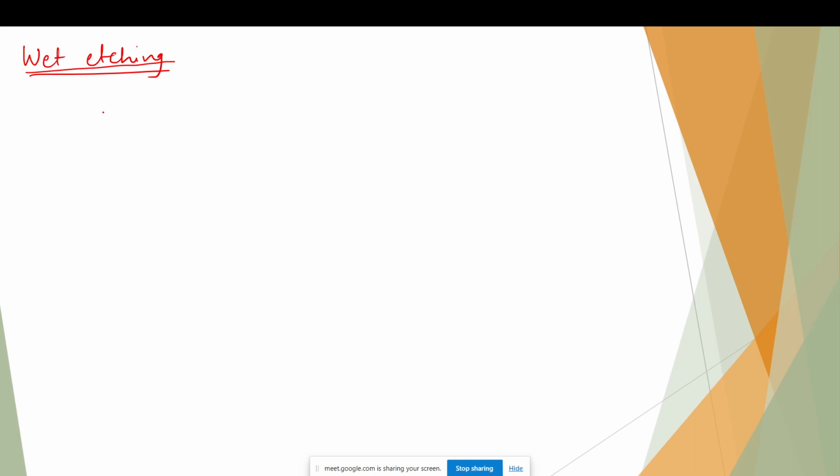So, first of all, what is wet etching? Wet etching is when we put fresh etchants on top of our sample. Basically we will just take our sample in a petri dish, put the etchants, and agitate or heat our sample.